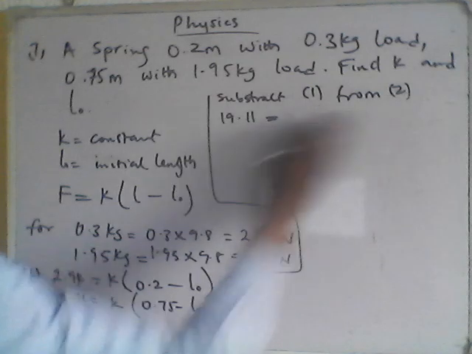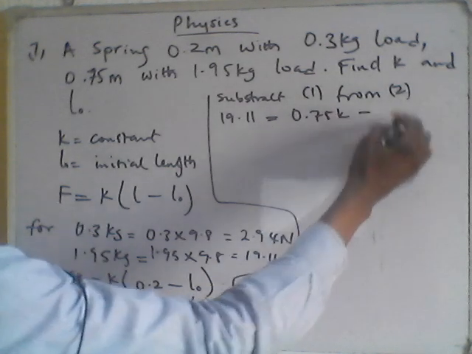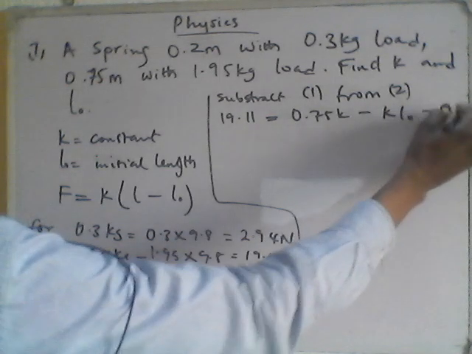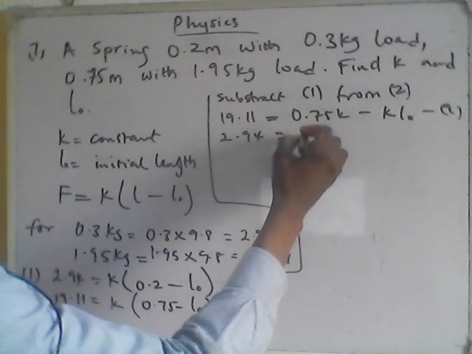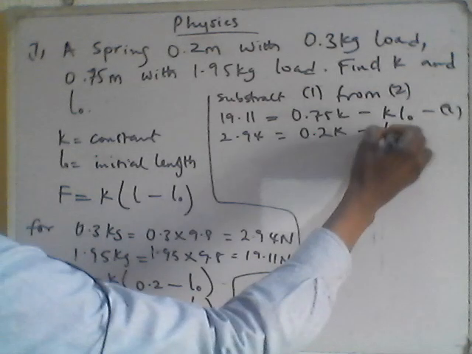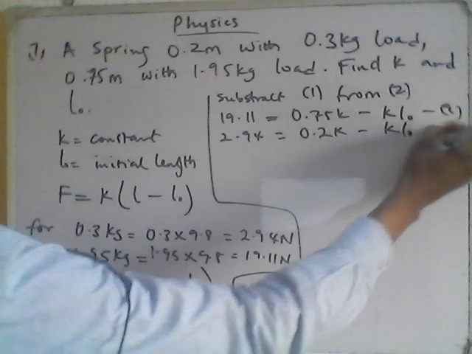or I can multiply, 0.75K minus KL0. That's equation 2, and then 2.94 is equal to 0.2K minus KL0 again, equation 1.